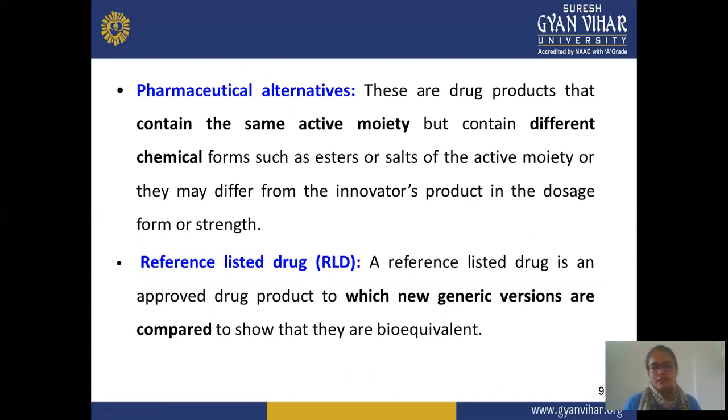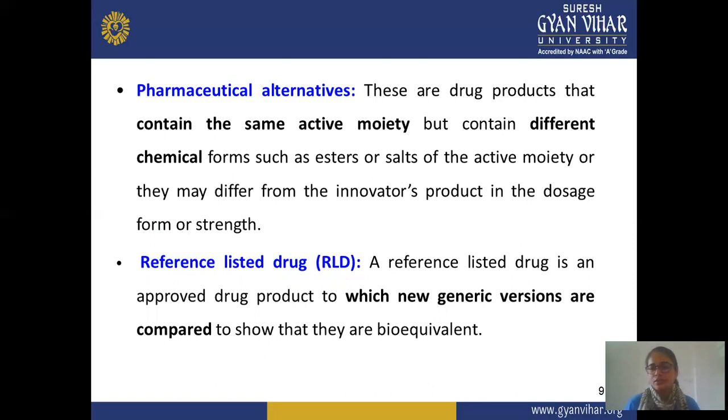Next, pharmaceutical alternatives. These are the drug products that contain the same moiety but contain different chemical forms, such as ester or salt of the moiety. Pharmaceutical alternative is somewhat similar to pharmaceutical equivalent, but there's a little difference in the moiety of a drug.